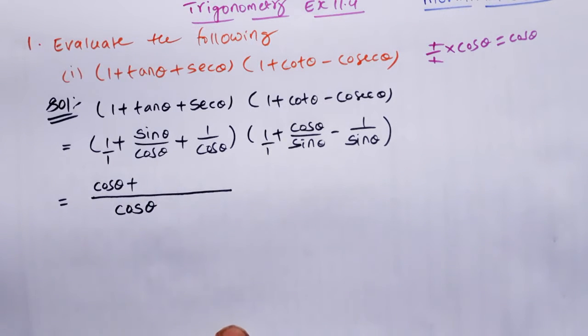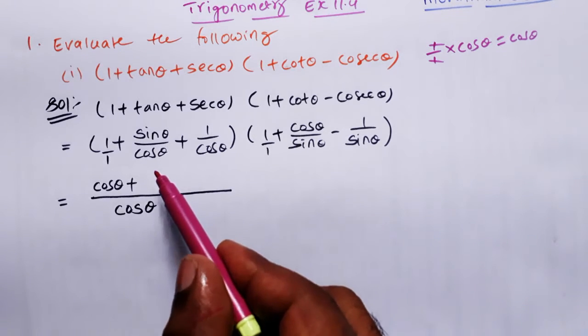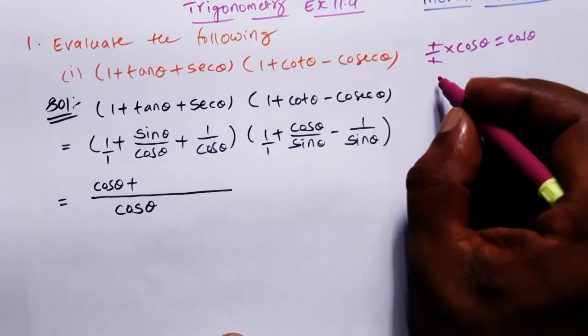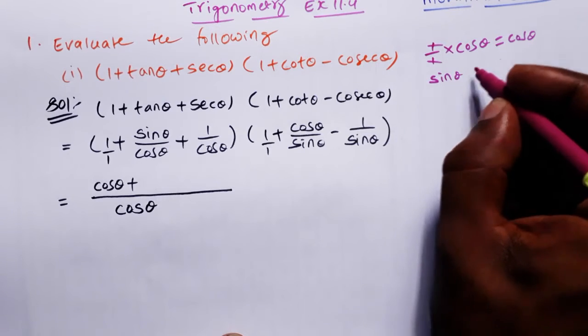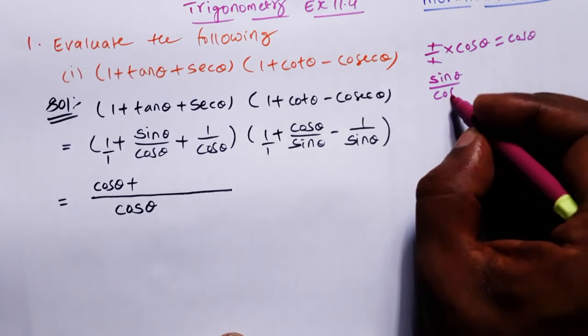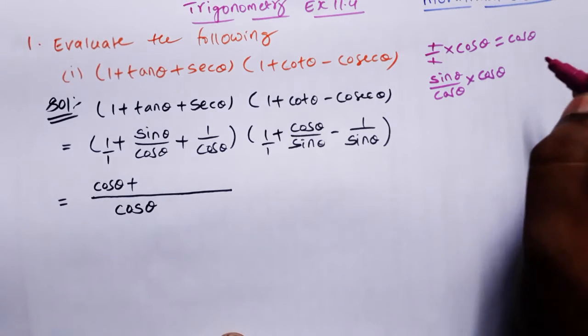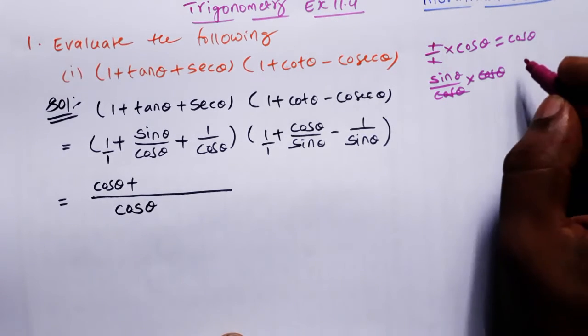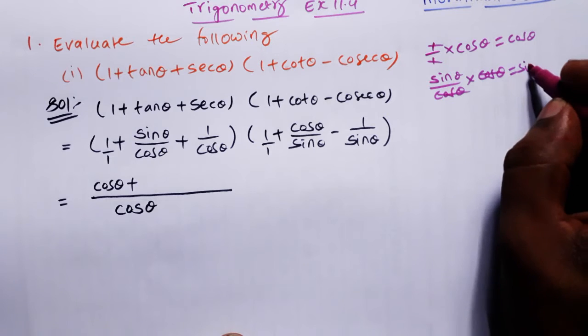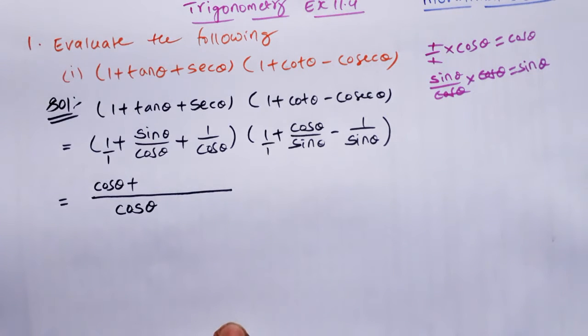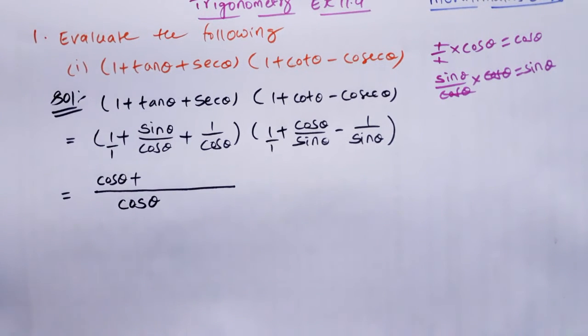Again this is the same process you repeat. Next fraction is what? Sin theta by cos theta. Sin theta by cos theta and multiply with again LCM cos theta. Cos theta cancel. What is the answer? Sin theta. That sin theta, write it here.